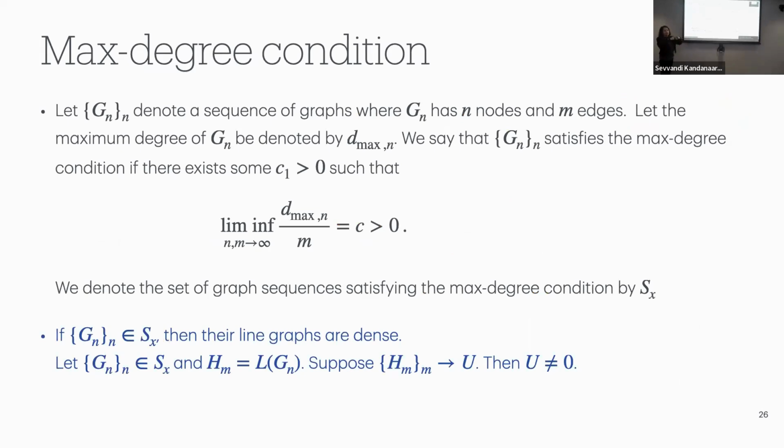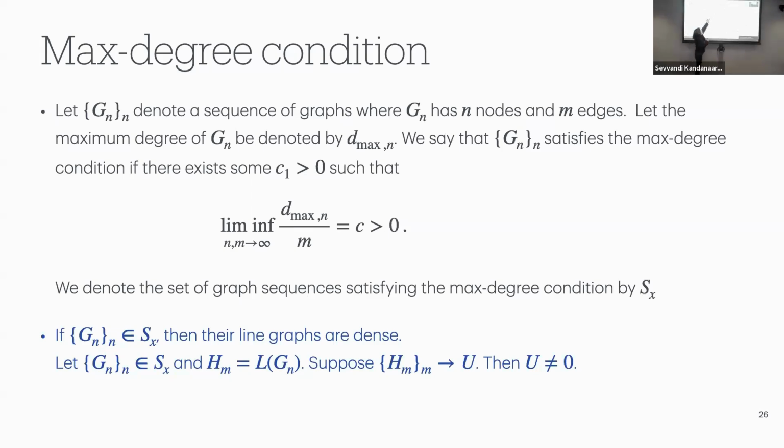So when do the line graphs give dense graphs? It is this particular condition that we call the max degree condition. Say we have a sequence of graphs G_n, where G_n has n nodes and m edges, and the maximum degree of G_n is D_max.